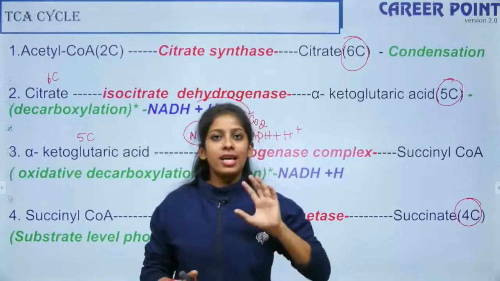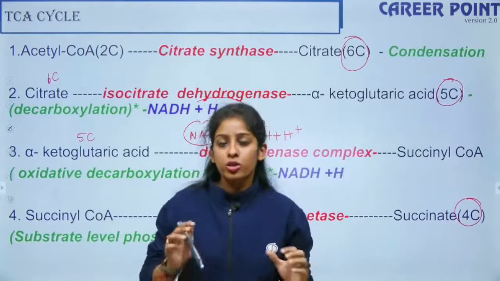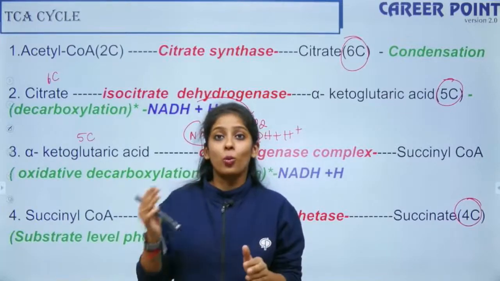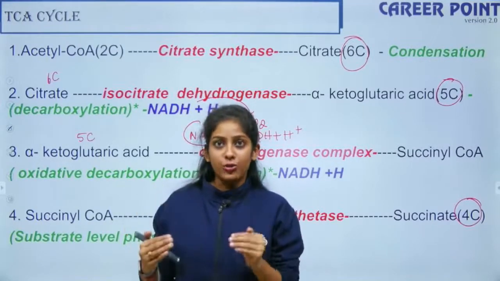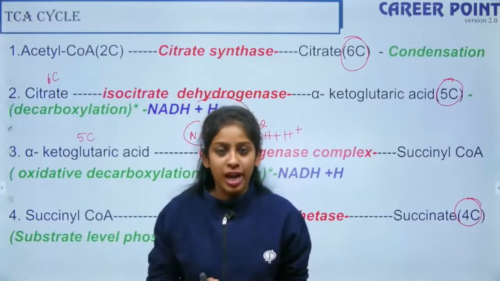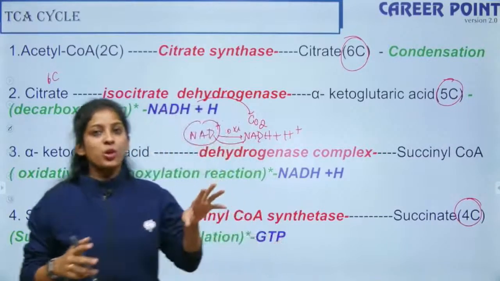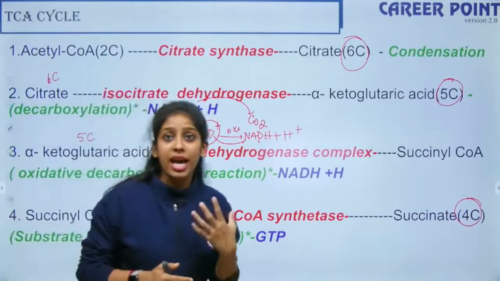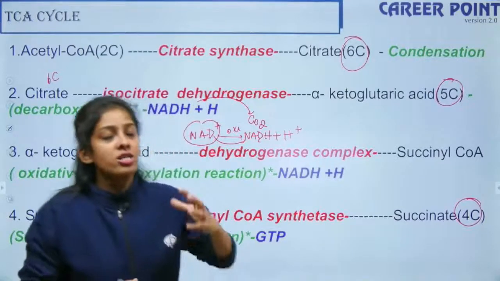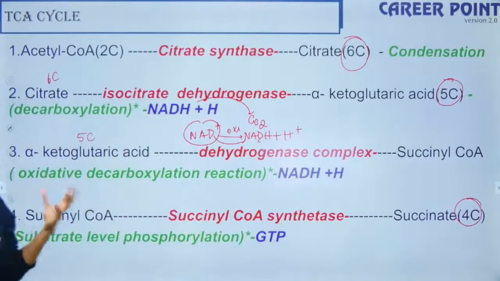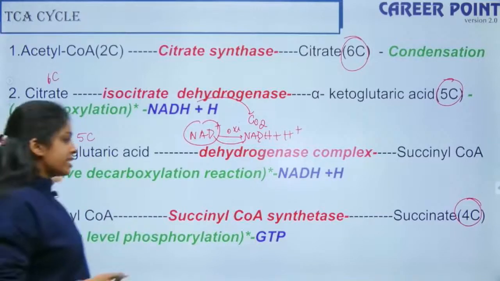I cannot say I have diamonds, so you give me this. Even if you have diamonds, it has to be converted into cash, the currency that is the need of the hour, and then you get your goods. In the same way, whichever step gives you the ATP, the energy currency of the body, that is your substrate level phosphorylation. That is in this step.